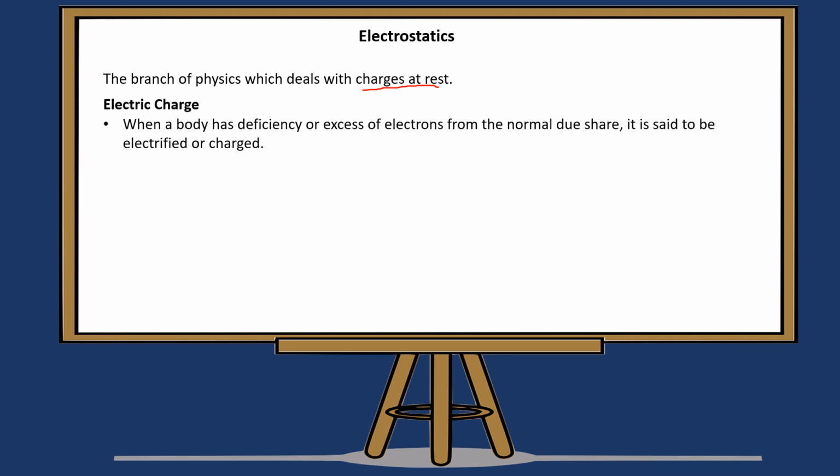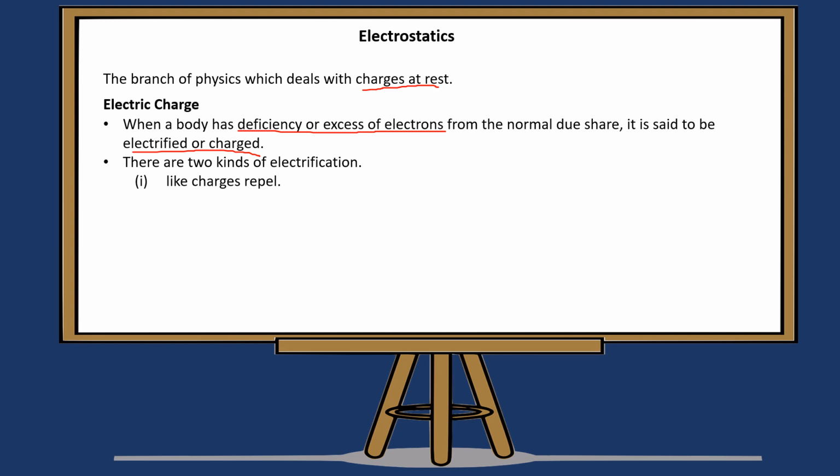Electric charge. When a body has deficiency or excess of electrons from the normal due share, it is said to be electrified or charged. There are two kinds of electrification.